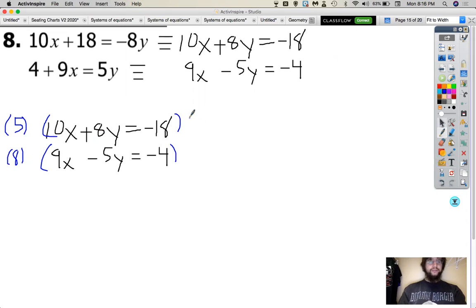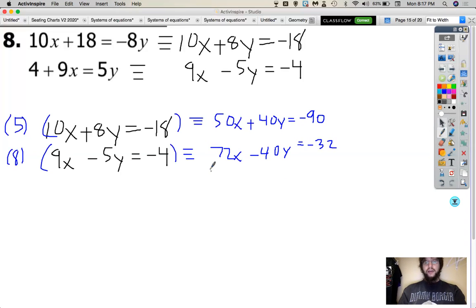And I'm lazy. 50x plus, use a calculator if you need to, 40y equals, again, use a calculator if you need to, negative 90. And if you don't think you need to use a calculator, use it anyway. 72x minus 40y equals negative 32.